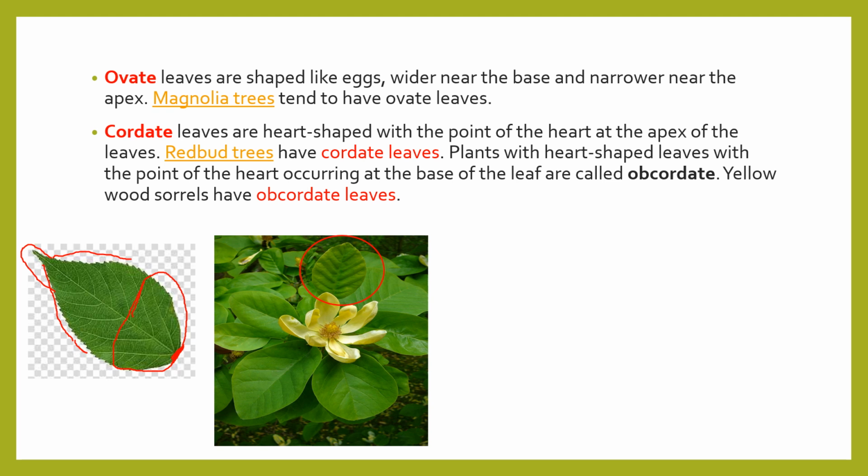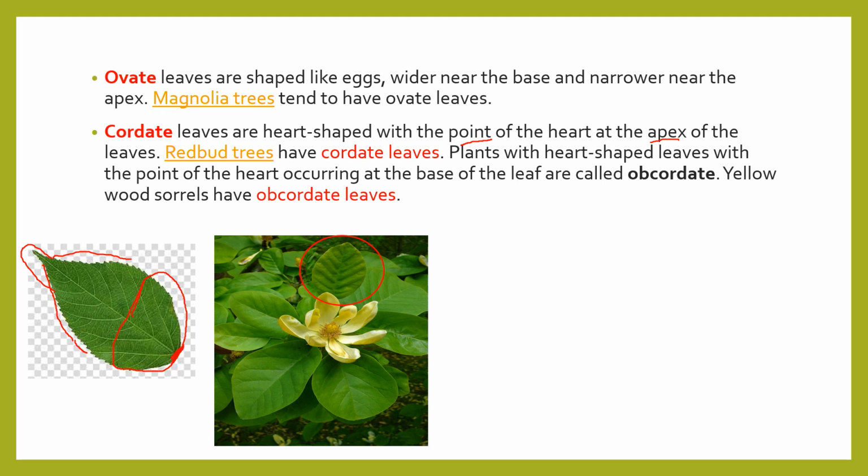Cordate. This is my favorite one because it looks like a heart. Cordate leaves are heart shaped with the point of the heart at the apex. Focus on this: the point of the heart at the apex of the leaves.